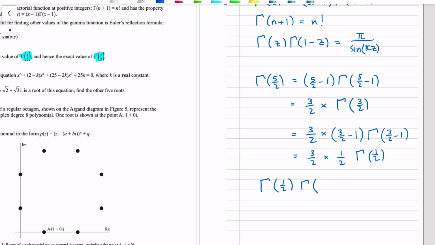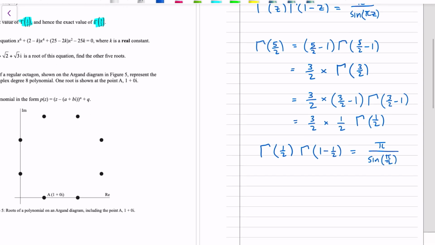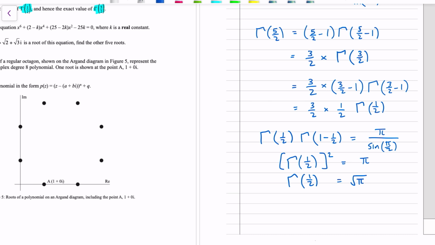Oh, that's cool because 1 minus 1/2 is also 1/2, equals pi over sine pi/2. Sine pi/2 is 1, so we've got the gamma value of 1/2 squared equals pi. The gamma value of 1/2 therefore is square root pi, and assume it's positive there, therefore the gamma value of 5/2, my t's are now looking like r's, is equal to 3/4 times root pi.